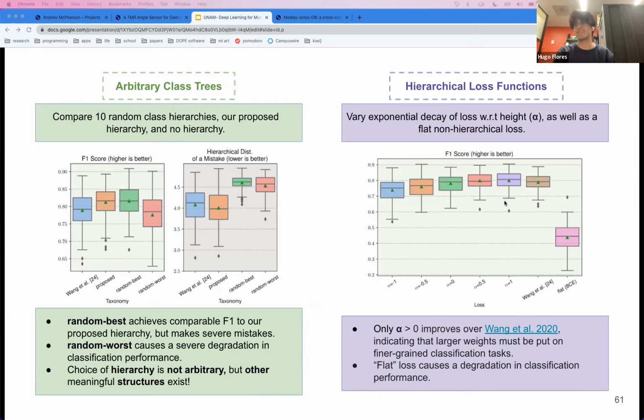And we found that we had the best performance whenever alpha was equal to 1, which means that there's a significant exponential decrease as you go up the class hierarchy.